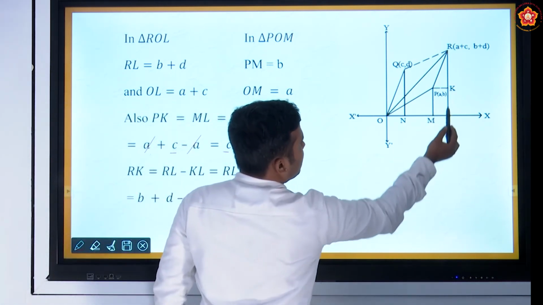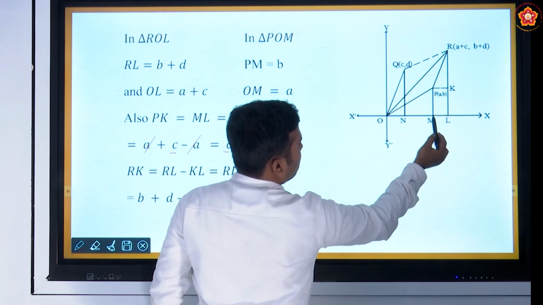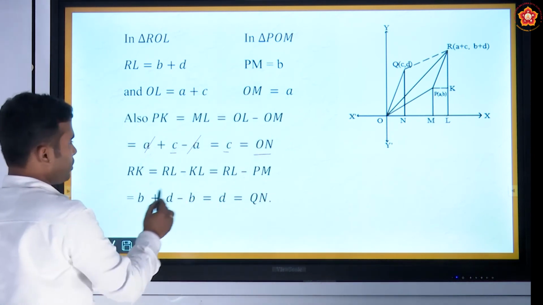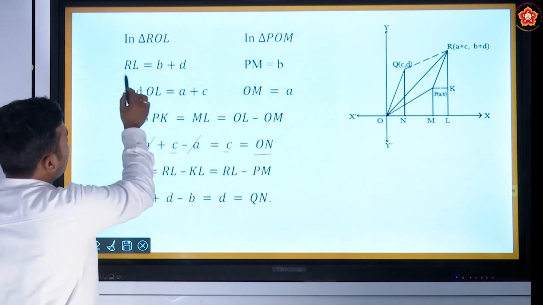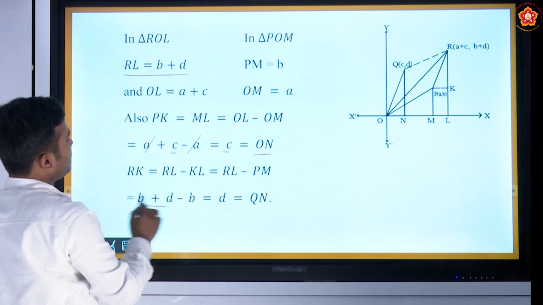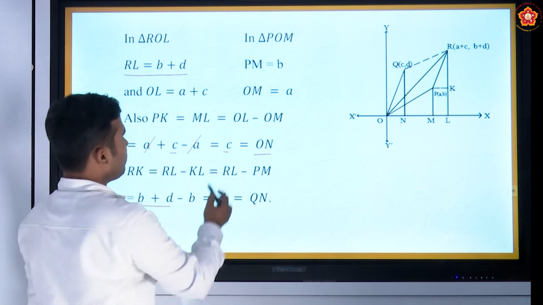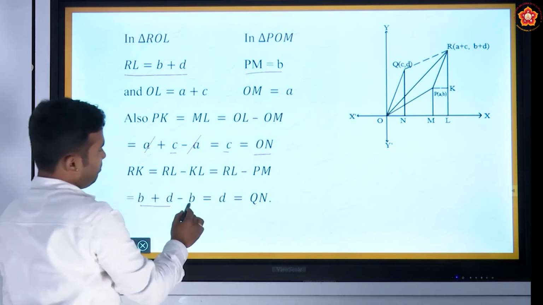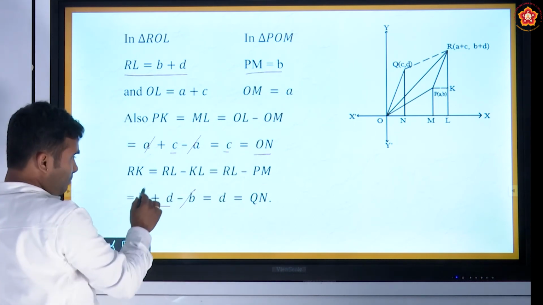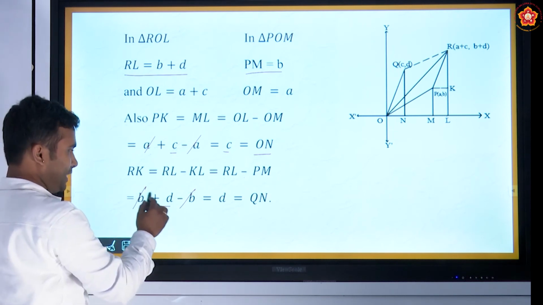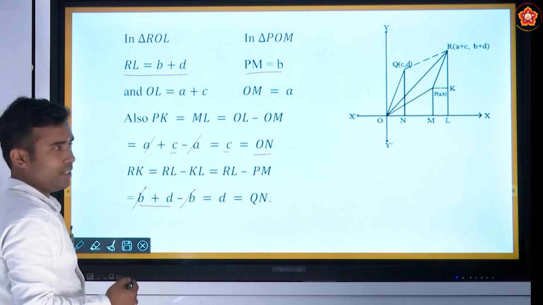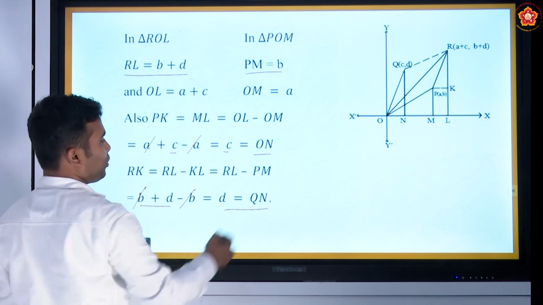RL is B plus D, minus PM, which is B. So minus B plus B gets cancelled, and we are left with D, and that D is QN.